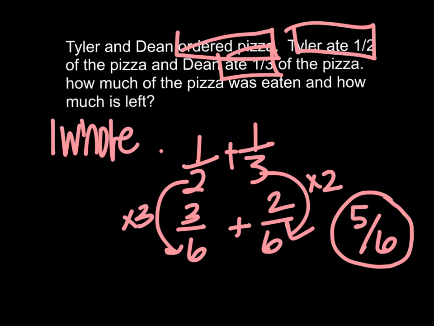Okay, now what's important is you have one whole, or we could just say we've got 1 out of 1 whole pizza, right? So now I need to subtract. I'm going to subtract 5/6 from 1 whole. Again, we need a common denominator.